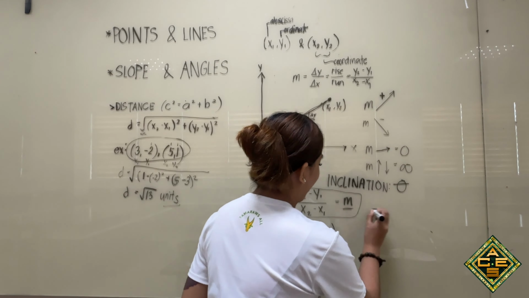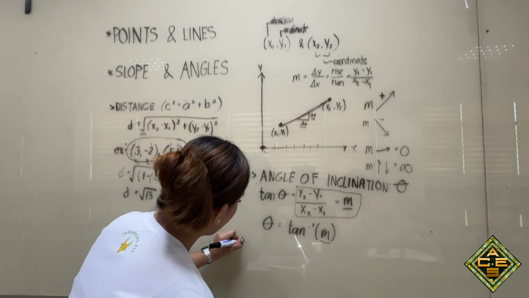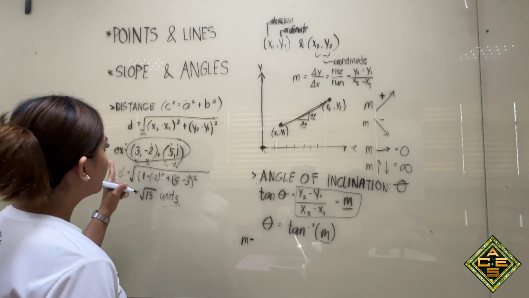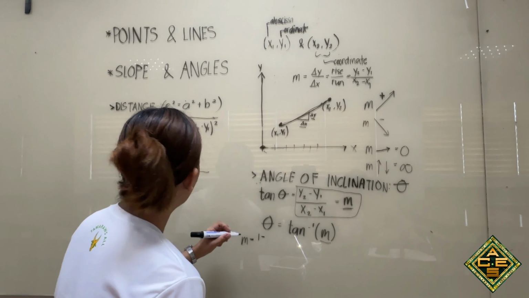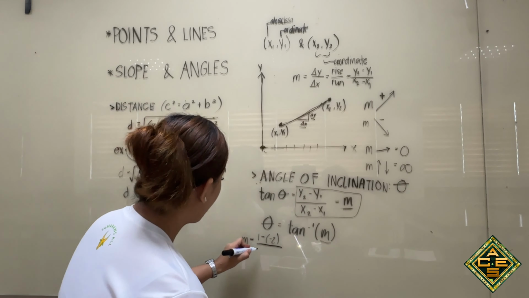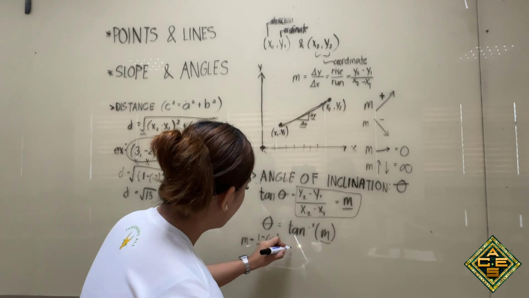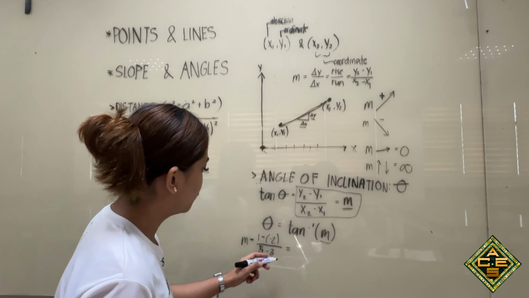Cut down. So let's try to get the slope first of the given 3, negative 2, and 5, 1. So we have 1 minus negative 2 all over 5 minus 3. So with this, we get a slope of 3 over 2.